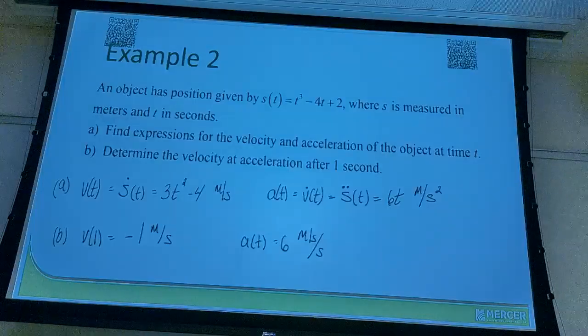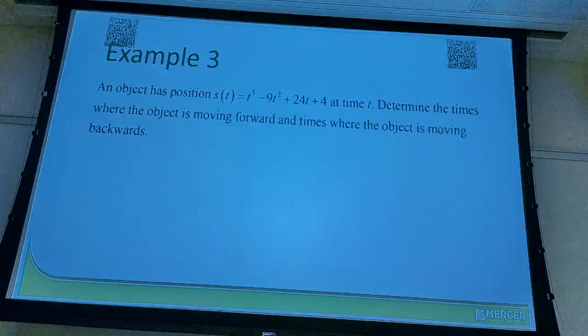Object has position given by that. Determine the times where the object is moving forward and the times where the object is moving backwards. Well, we just said velocity is a change in position.